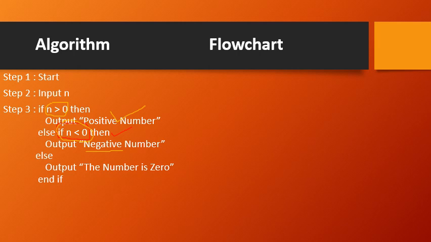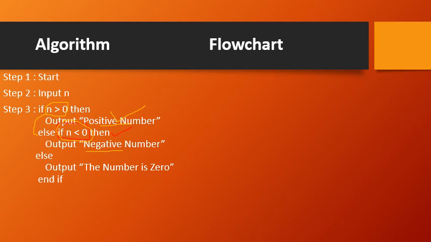Okay, how it works? Initially, the first condition will be checked: if n greater than 0. If this is true, positive number. Next, if this is false, it will come to the else part. So in the else, again there is a condition: if n less than 0. Again it may have two values, true or false.